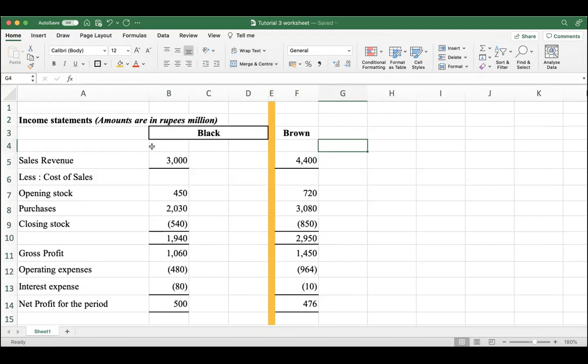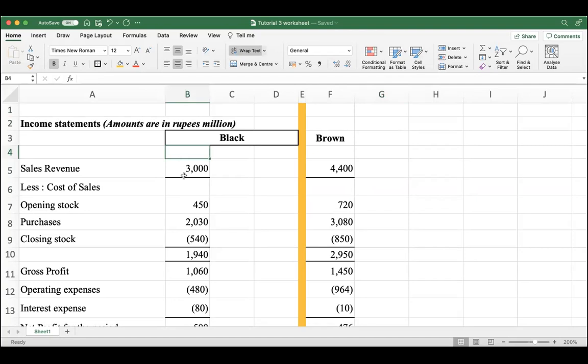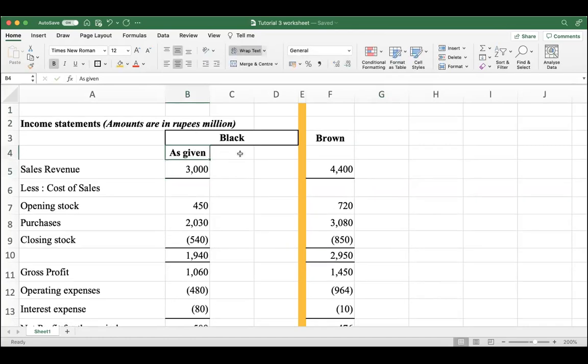So under Black, you need two additional columns. One is values as given. Another column is adjustments.